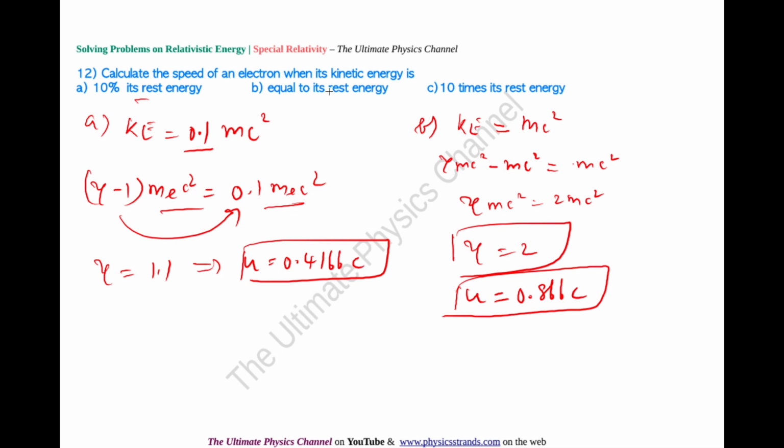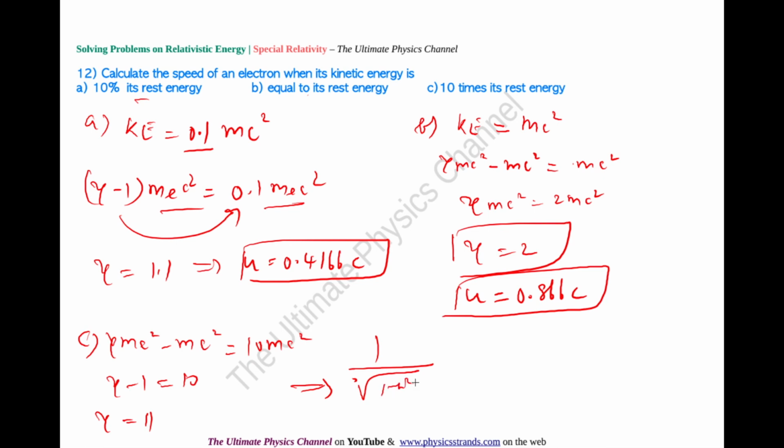Now from 10% to equal to rest energy, now it is 10 times its rest energy, the third part. That is again, if I work out, gamma mc squared minus mc squared is 10 mc squared. Therefore, gamma minus 1 is 10, gamma is 11 here. Now this, if I work out, 1 over square root of 1 minus u squared over c squared is gamma, that is 11.